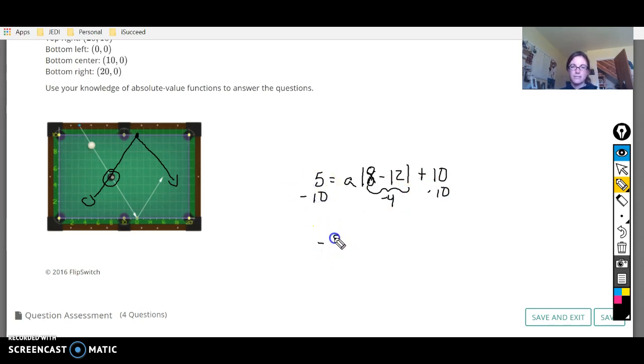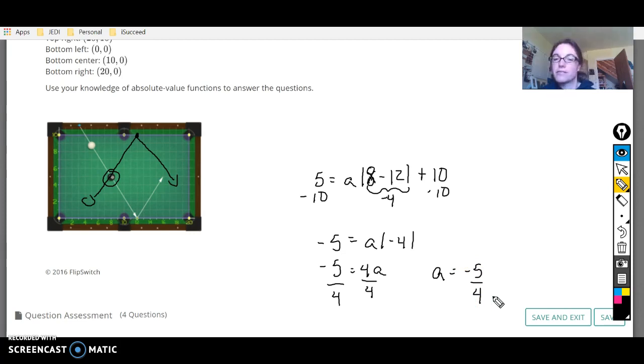Okay, so I get -5 equals A times the absolute value of -4. -5 equals 4A. Divide both sides by 4, and I get that A equals -5/4 instead of a +5/4. Okay, so that's the difference when we moved that K value up to the other side of the pool table.